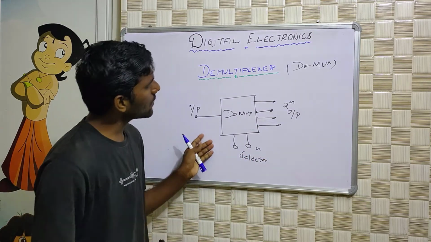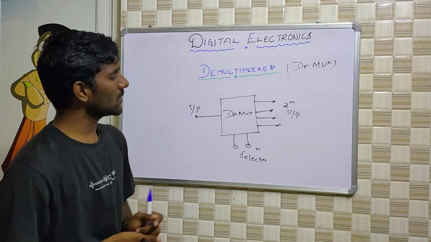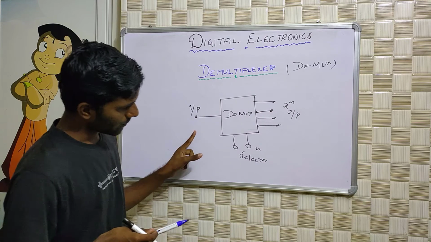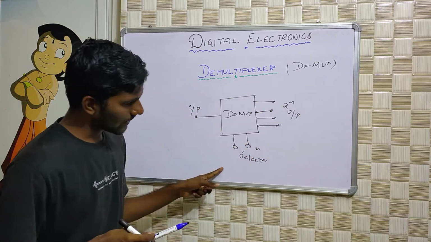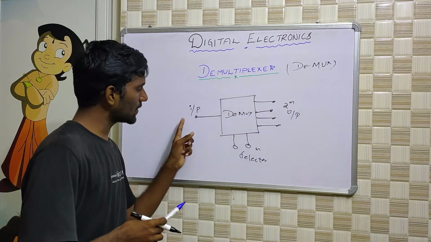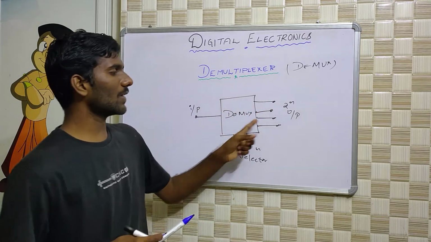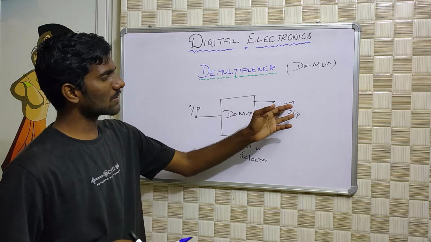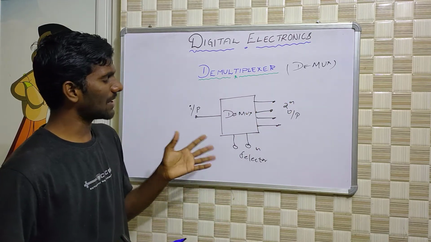So this is the general block diagram of a demultiplexer. We have only one input line, and based on the combination of these n selector lines, this input goes to any one of the outputs, right? Same as in a multiplexer.